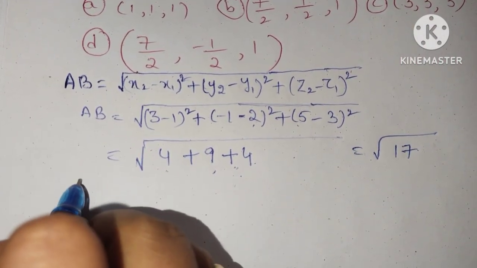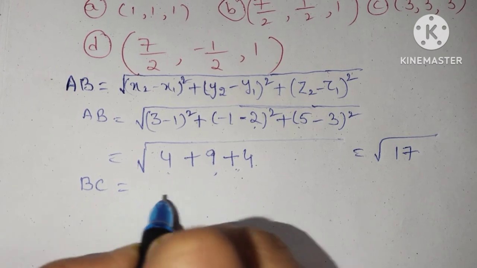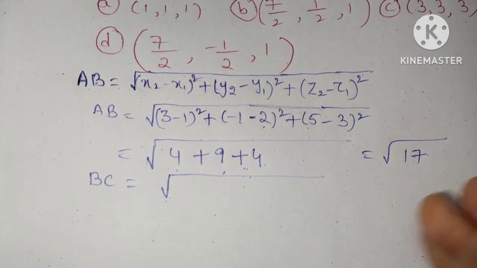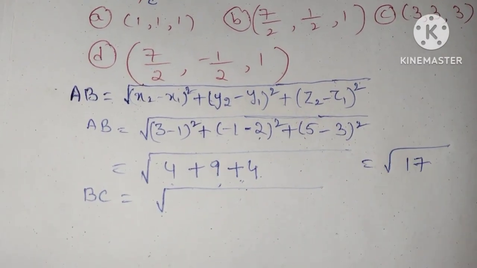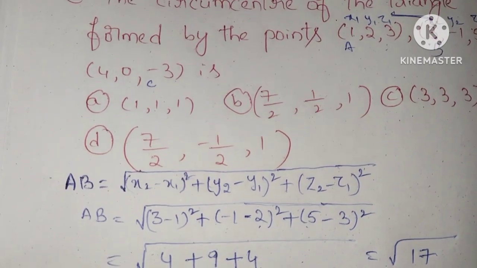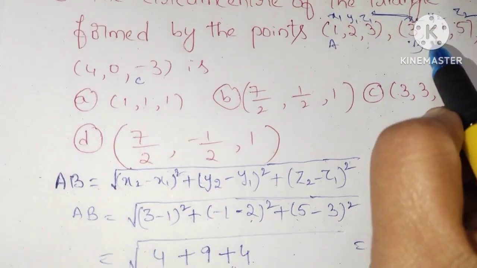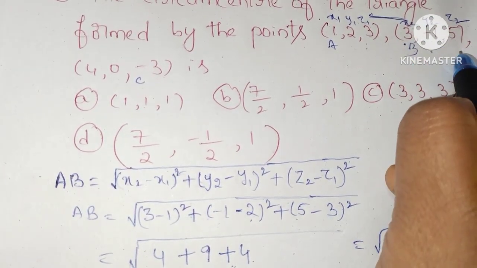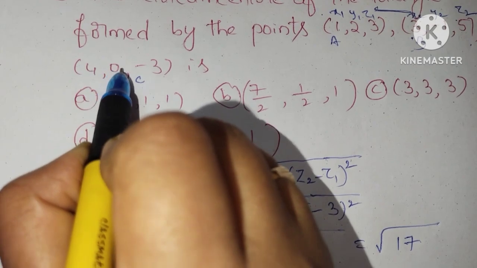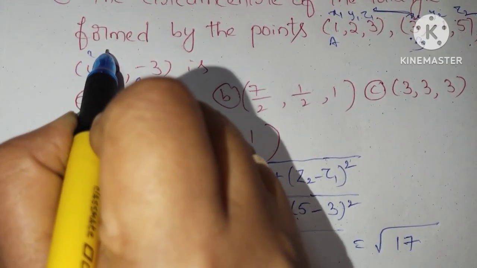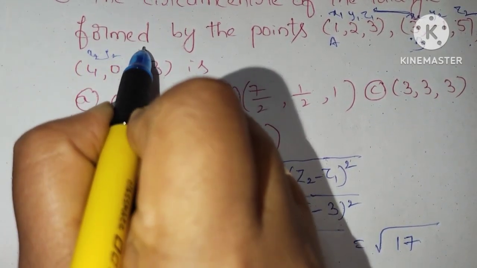Next, BC, the distance between B and C. I will consider B as x1, y1, z1, and C as x2, y2, z2.